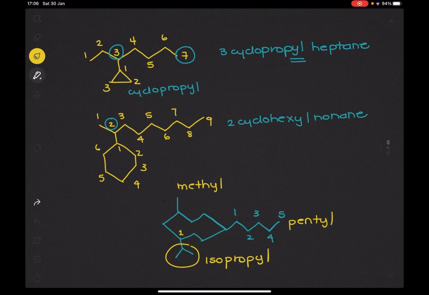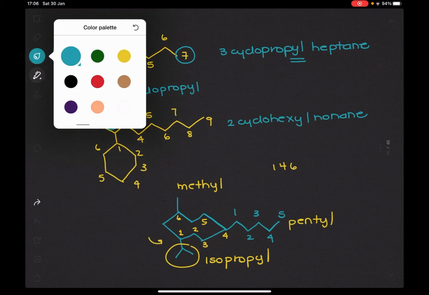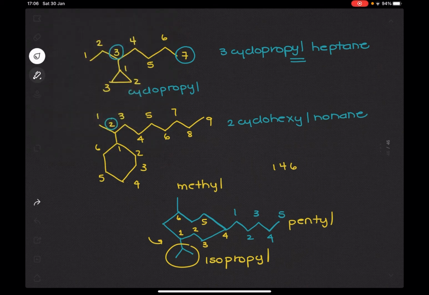If I go counterclockwise, I have 1, 2, 3, 4, 5, and 6. So I have 1, 4, 6 in my substituents. If I go clockwise, I have 1, 2, 3, 4, 5, and 6. I have 1, 3, and 6. So this numbering wins, right?